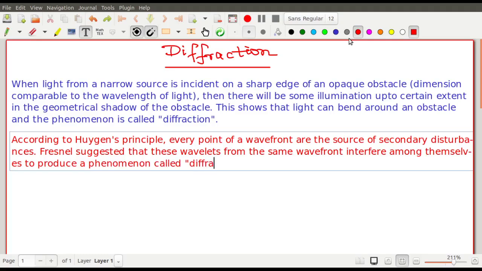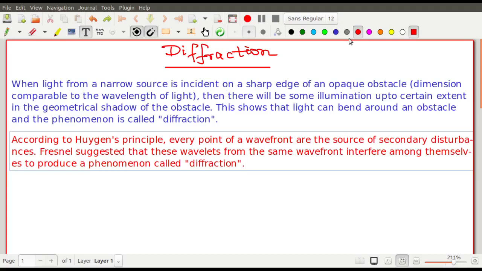So that is the actual picture of diffraction. So every point of a wavefront is the source of secondary disturbances, and Fresnel suggested that these wavelets from the same wavefront interfere among themselves to produce a phenomenon called diffraction.